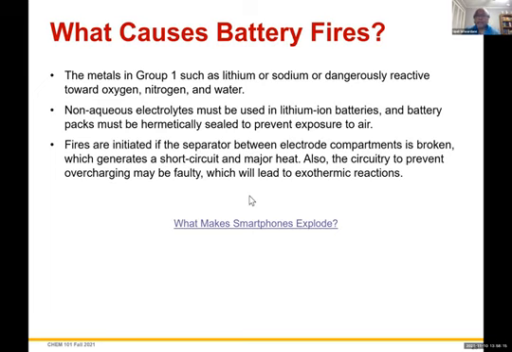When overcharging takes place, the lithium cells get heated up, then they can explode. So a faulty overcharging circuit or broken seals could cause the explosion in batteries.